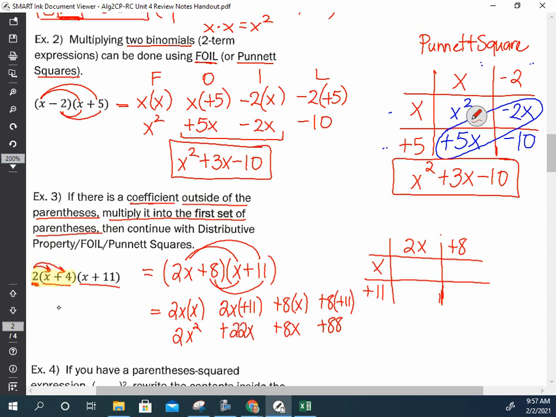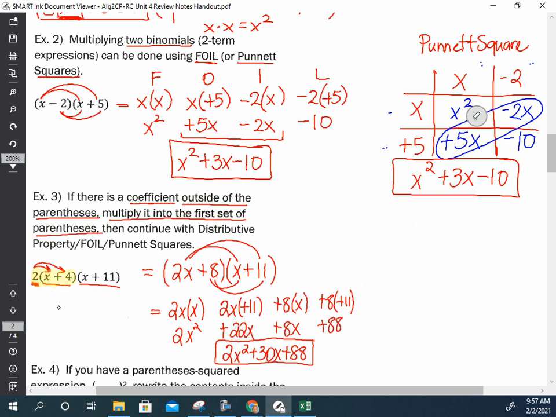Then you're just combining like terms. Again, if you did it using Punnett squares, you would get the same answer. Questions, example 3.